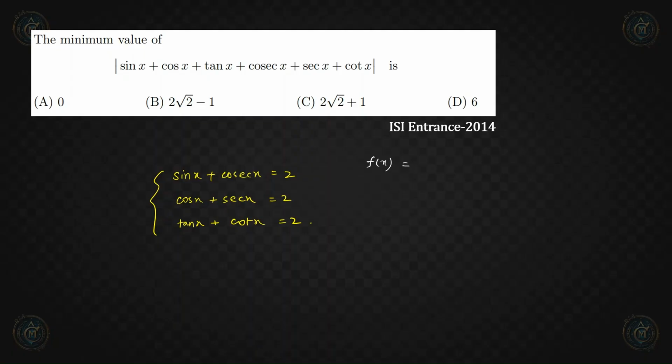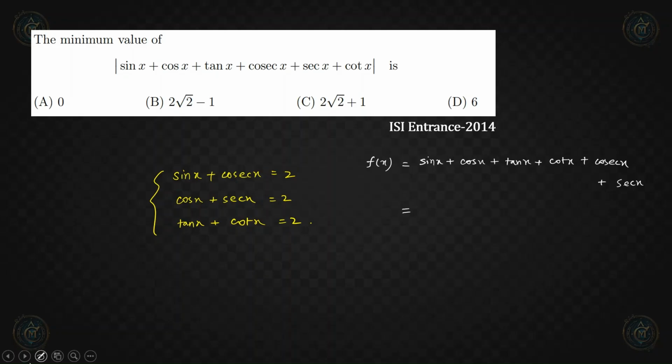Let us first assume the expression inside this modulus function to be some function of x. f(x) equal to sin x plus cos x plus tan x plus cot x, because ultimately we will be decomposing tan x, cot x, cosecant x and sec x in sine and cosine functions, so that our function is represented in terms of sine and cosine only. Then we have cosecant x plus secant x.